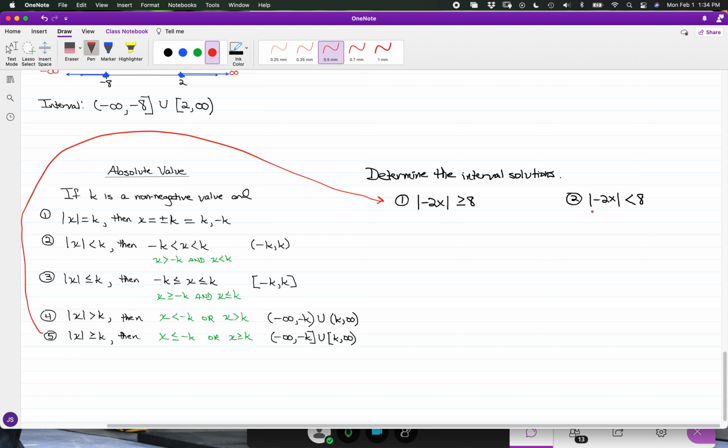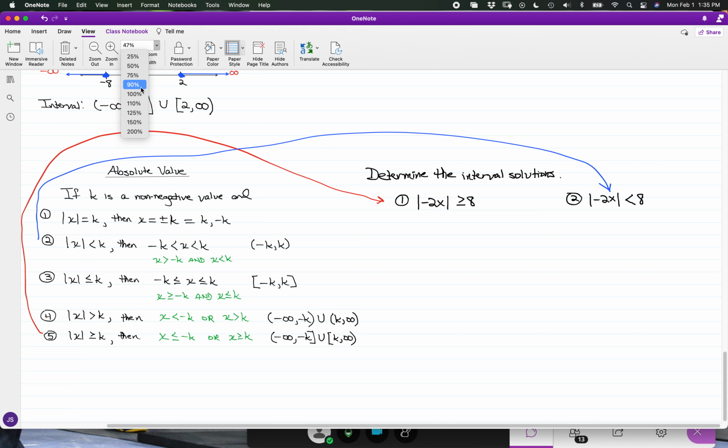And for the absolute value of negative 2x is less than 8, this is going to be a representation of the absolute value of x is less than k. So removing the absolute value bars in the first equation, rewriting what I have in terms of x is less than or equal to or greater than or equal to negative or positive k respectively. So we're going to have at the one end, just taking negative 2x out of the bars.